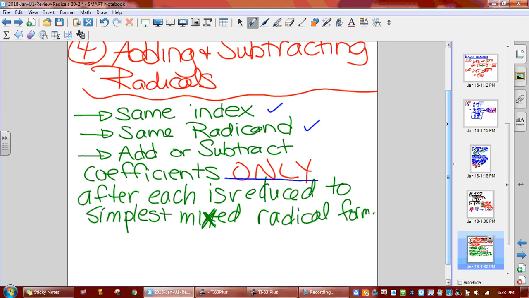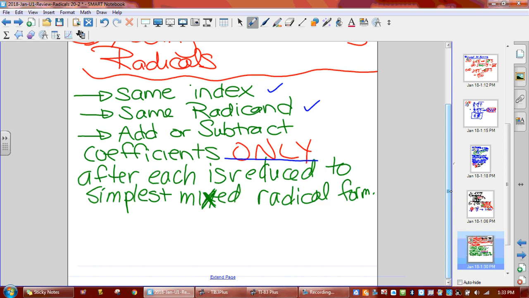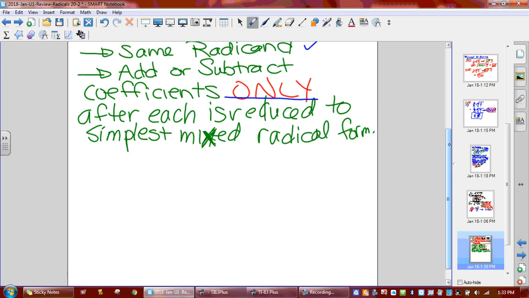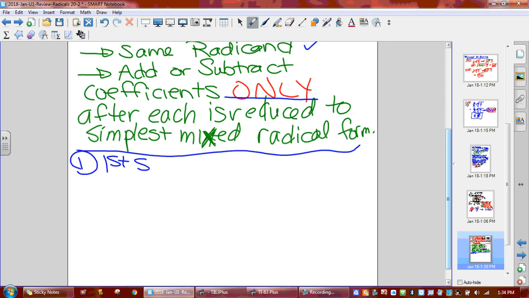So our very first step: reduce all radicals to simplest mixed form. Okay, so that always has to be your first step.